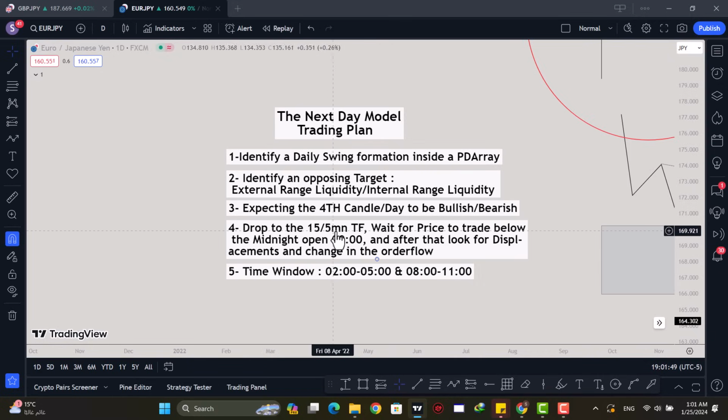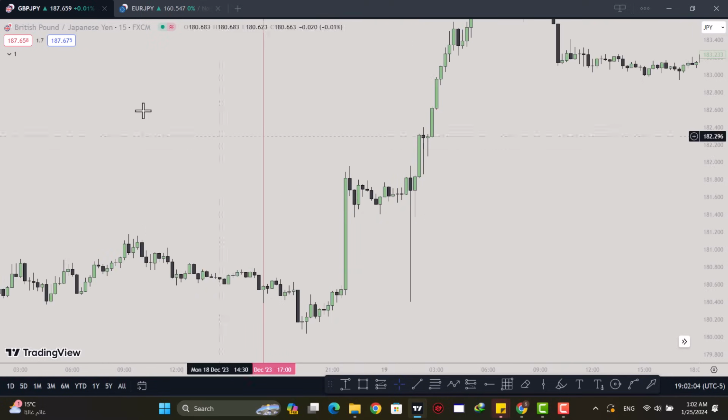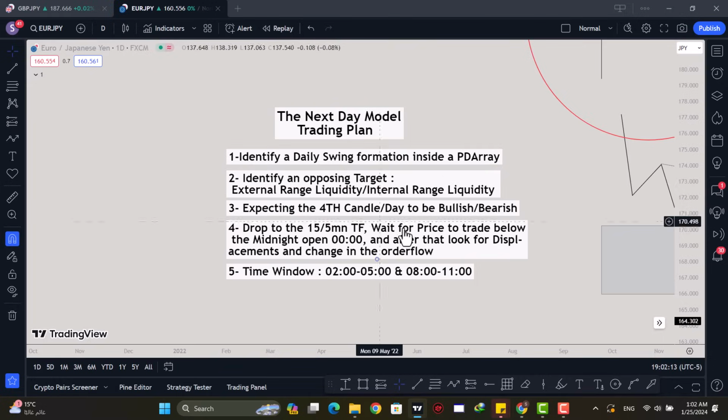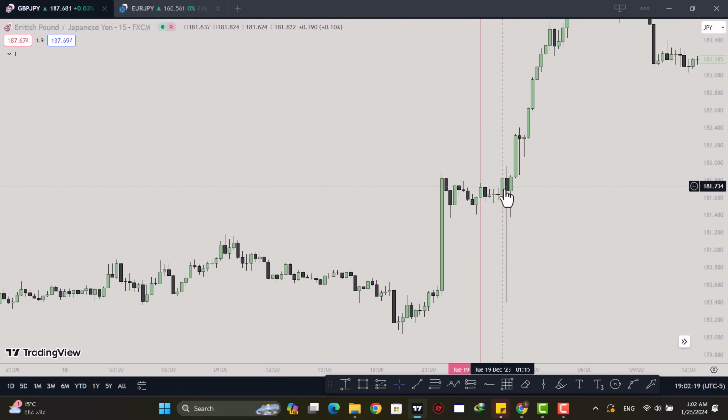Remember guys, we want to see price trade above the midnight open because we are bearish. Now, do we have that on the chart? Let's put this on the midnight open. All right, here. Did price trade above the midnight open? No. Price traded below the midnight open.